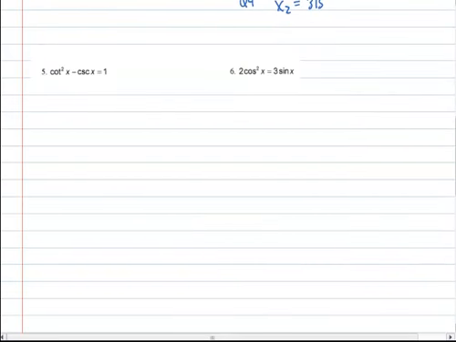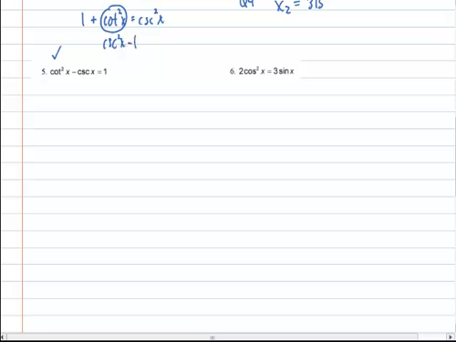Here we have a trig equation, and we need to convert it to all cosecants. So we're going to use our Pythagorean identity to do that. And our Pythagorean identity says that 1 plus cotangent squared of x equals cosecant squared of x. So cotangent squared of x will be replaced with cosecant squared of x minus 1.